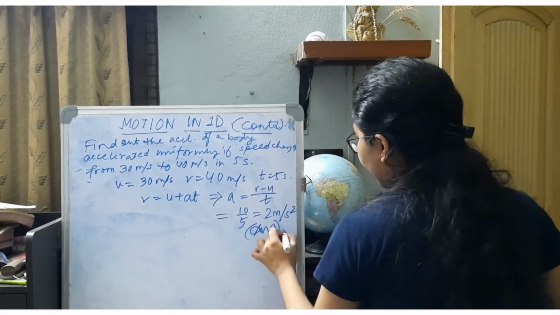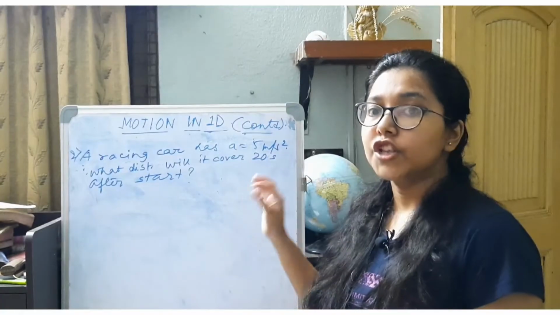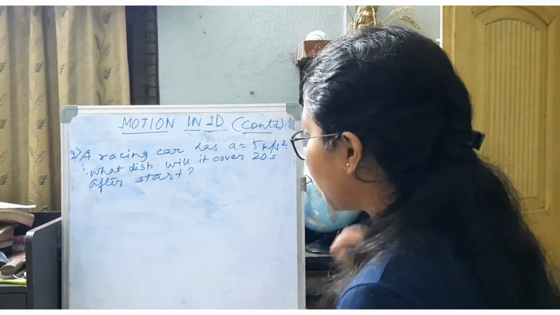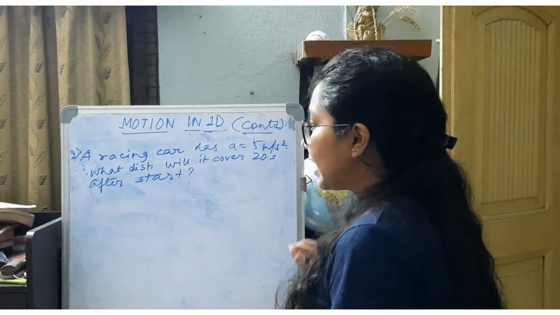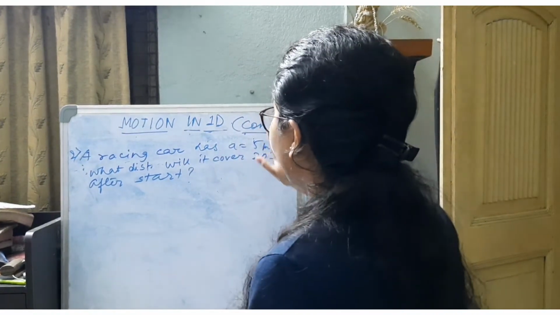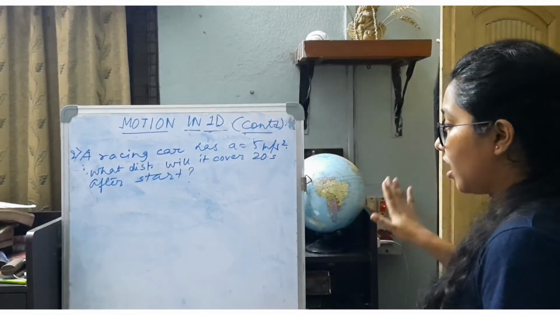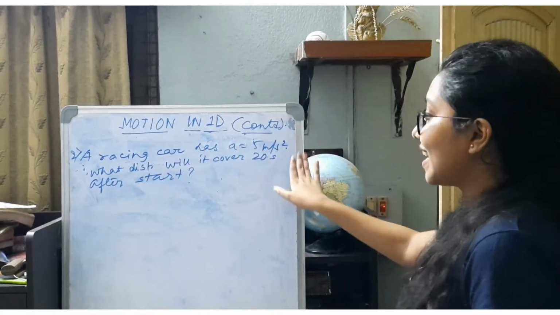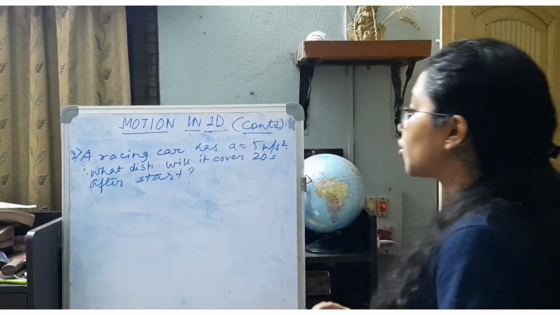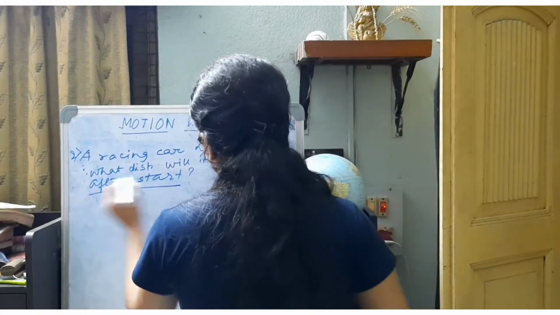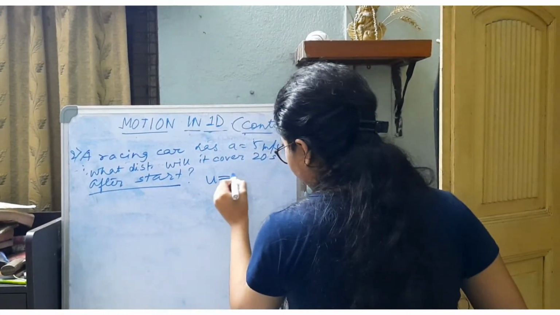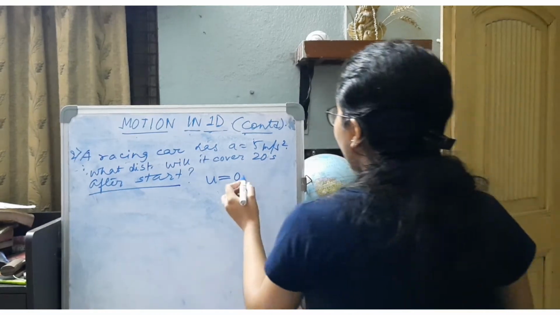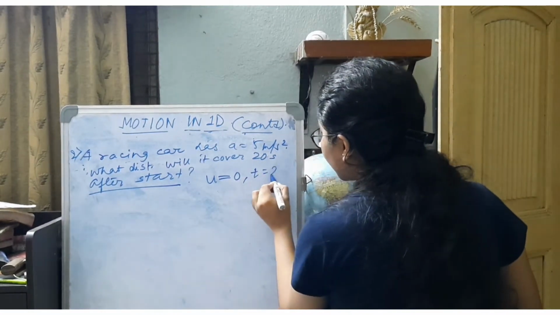Now moving to the next question. Question number 2 states that a racing car has an acceleration of 5 meter per second square. So what distance will it cover 20 seconds after the start? When I say after the start, that means u is actually 0. Initially it is at rest. Now the time period is given as 20 seconds.